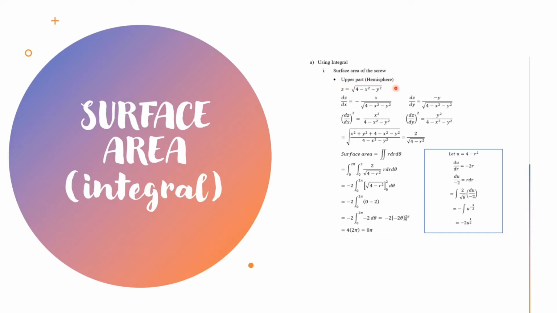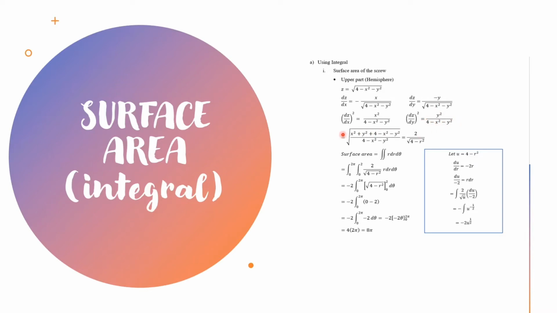I got from GeoGebra the equation: z equals square root of 4 minus x squared minus y squared. Then we differentiate it, dz/dx and dz/dy, and we get this. We square the derivatives, and we got x squared over 4 minus x squared minus y squared, and for dz/dy, y squared over 4 minus x squared minus y squared.